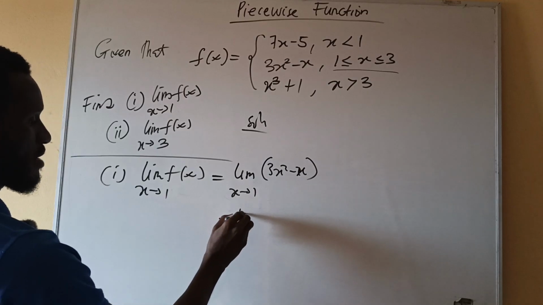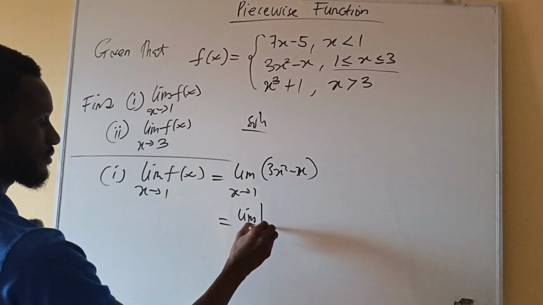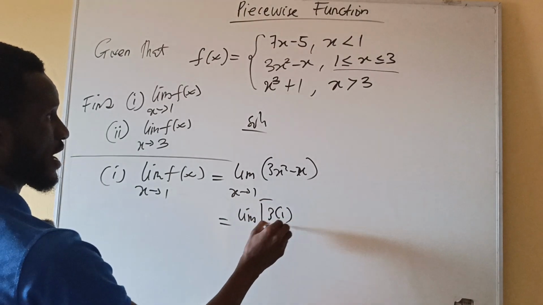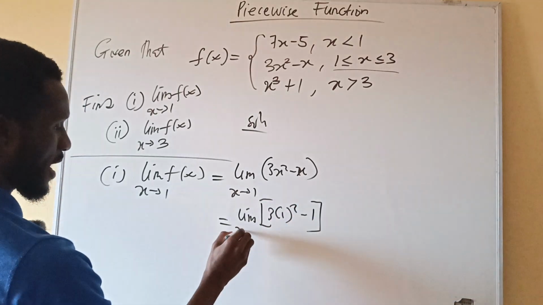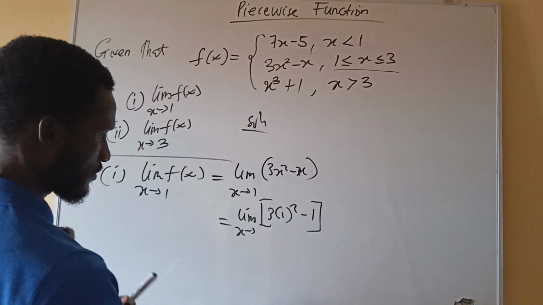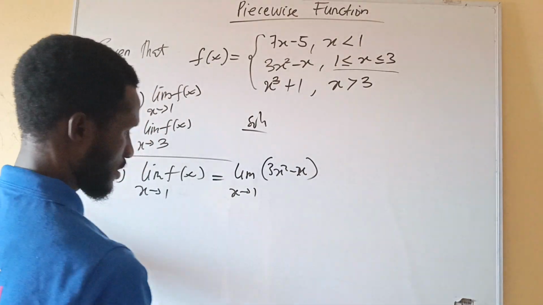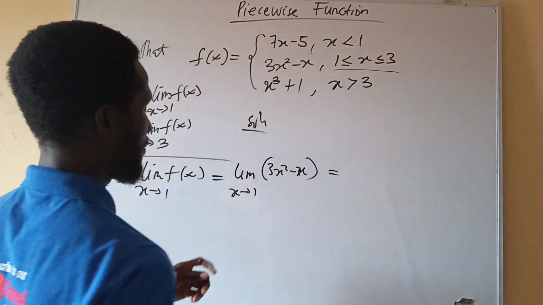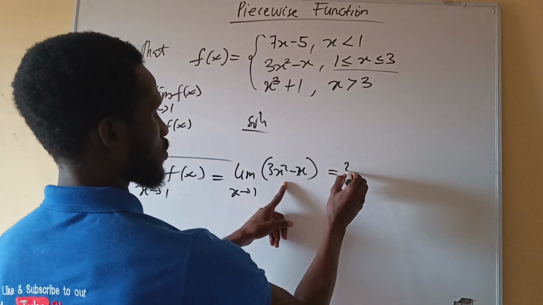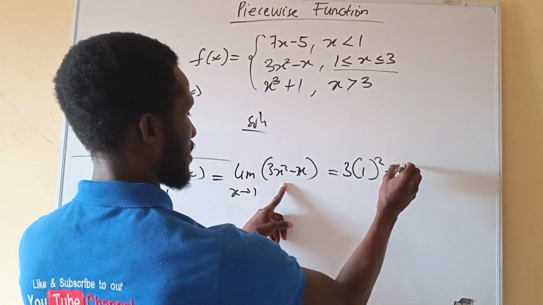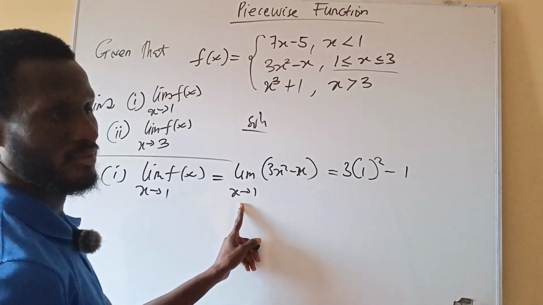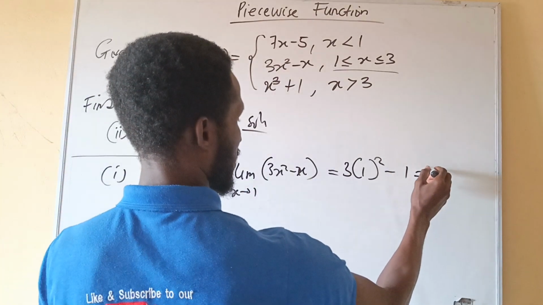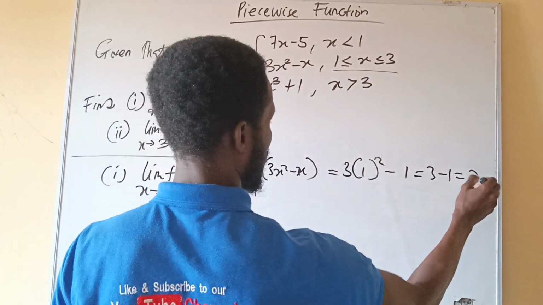So I'm going to get the limit of 1 squared minus 1. Oh, sorry. Now let me continue from here. Where you see x, we put 1 there, because the x here is 1. So what am I going to get? We're going to get 3 minus 1, which is equal to 2.